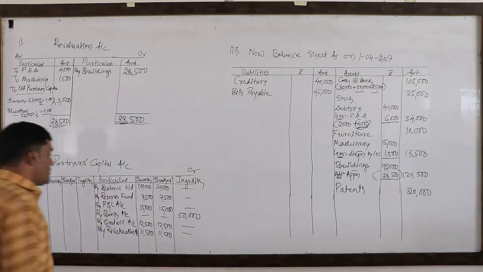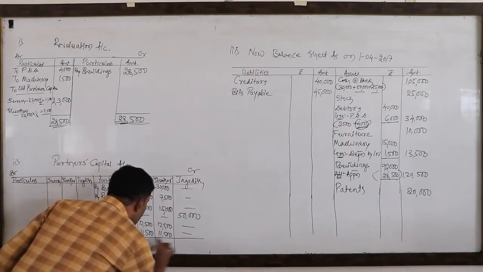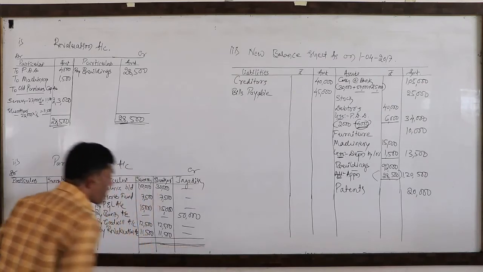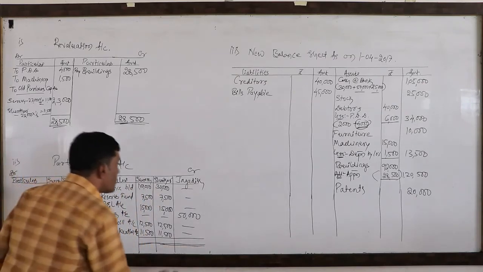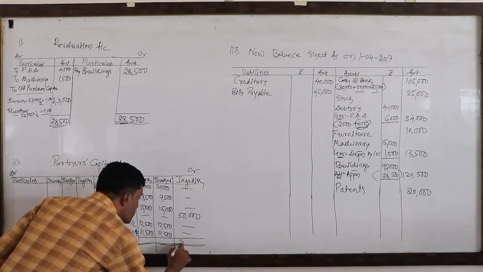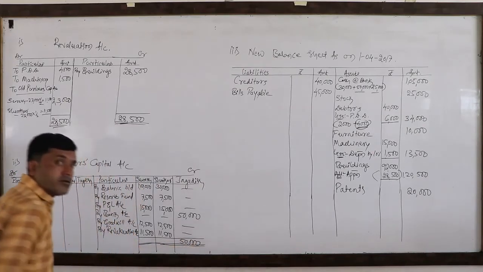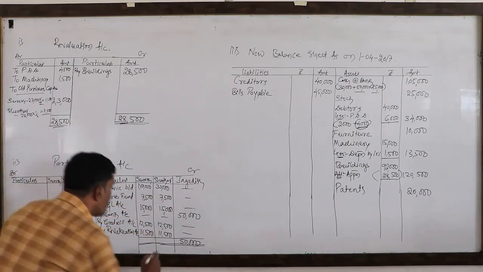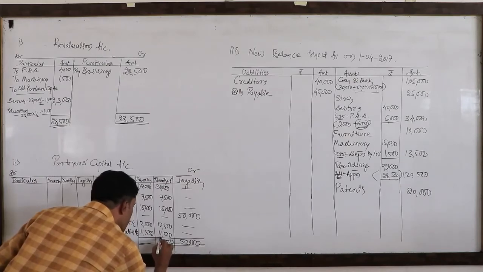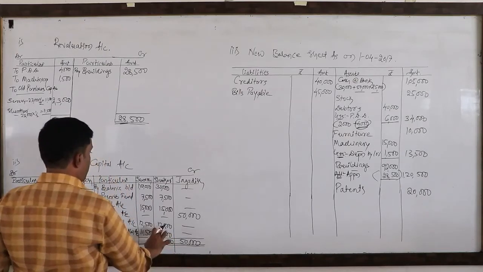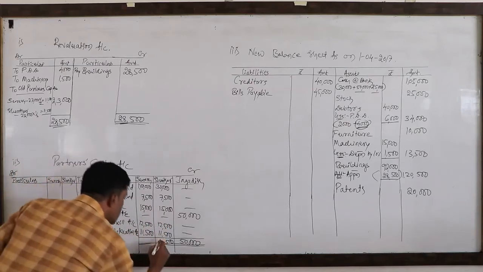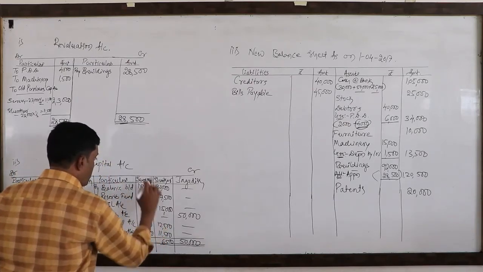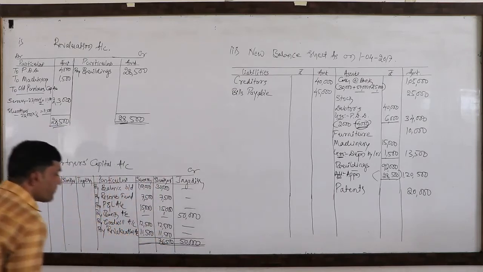Now I need to close this capital account. Look here, the total of Jagadish is 50,000, and this one is 76,500.